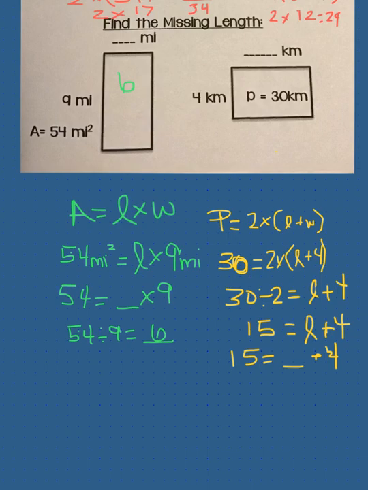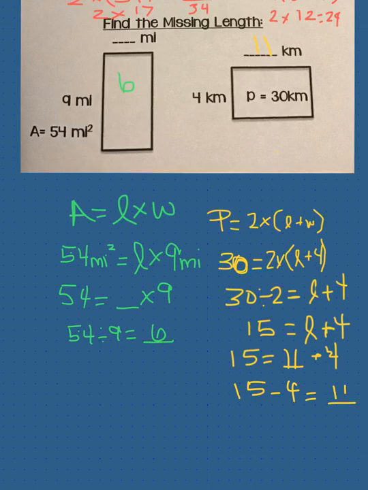Because I'm adding here. 15 minus 4 equals what? Well, it equals 11, right? So if it equals 11, that means my length is 11. So I'm going to go up to my notes and put 11 in 11 kilometers.